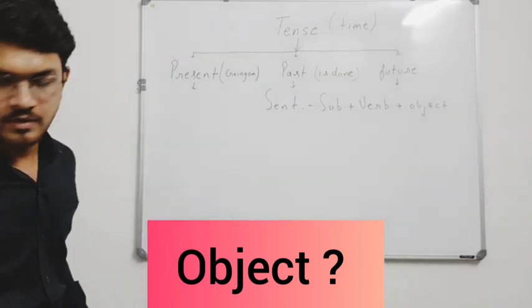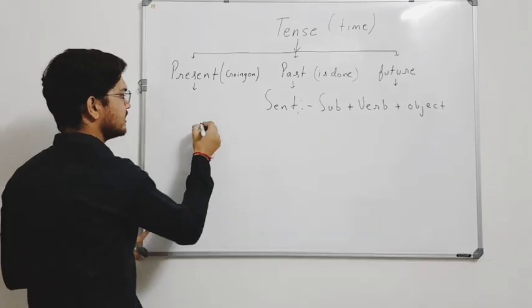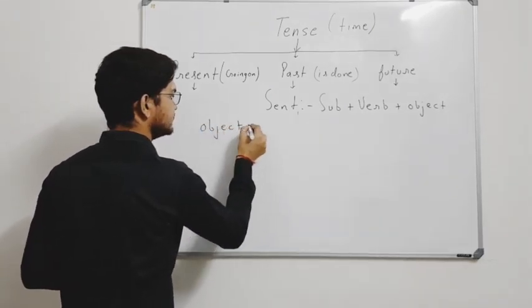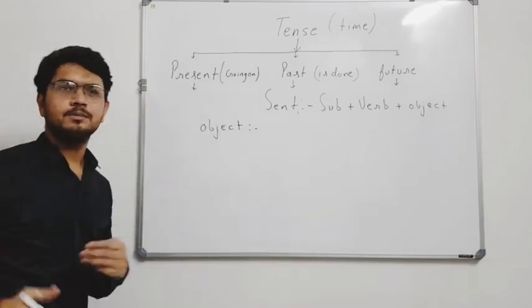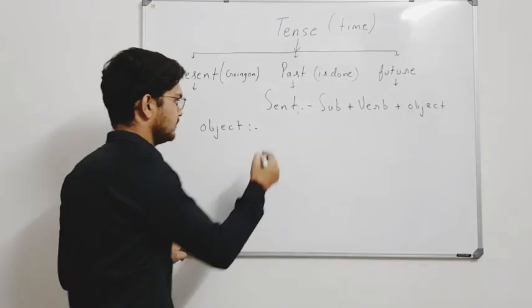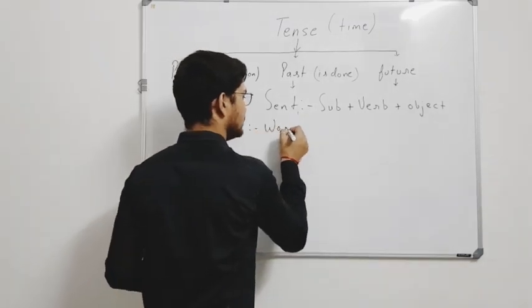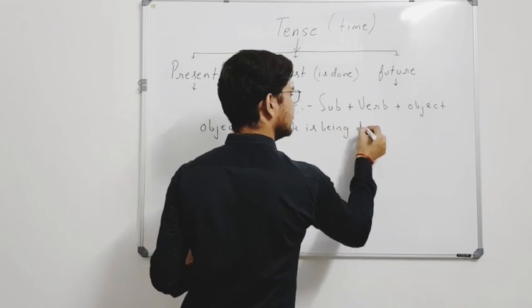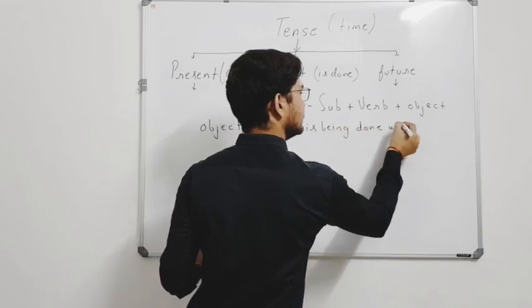So let's see what happens when we are talking about an object. See here, an object is something the work is being done with.